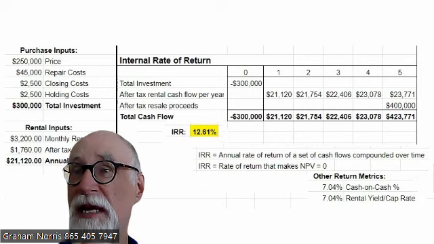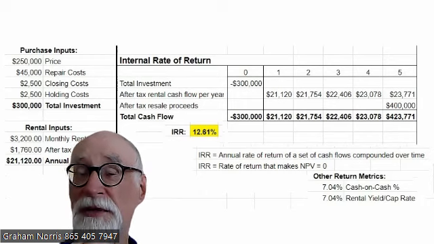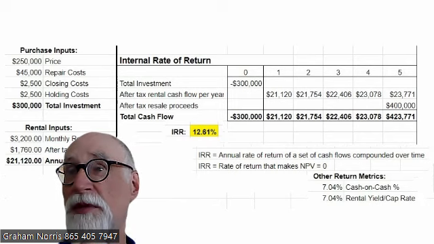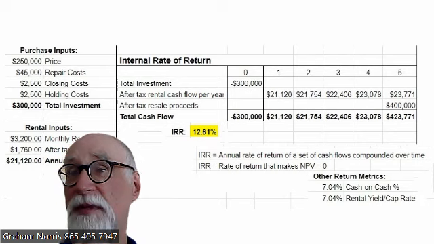So real estate is the number one place to grow your money. More millionaires are created through real estate than any other method. So 12.61% is above the average market growth of 10% over this period.